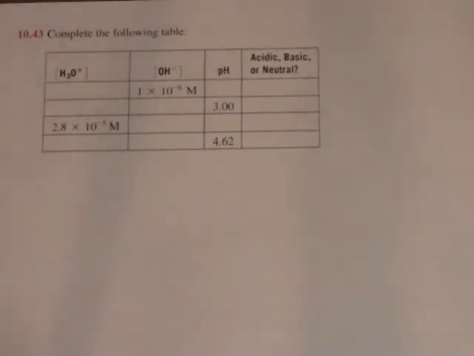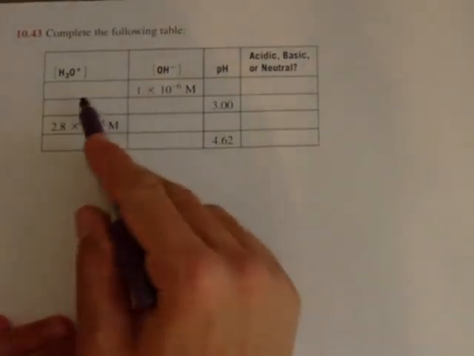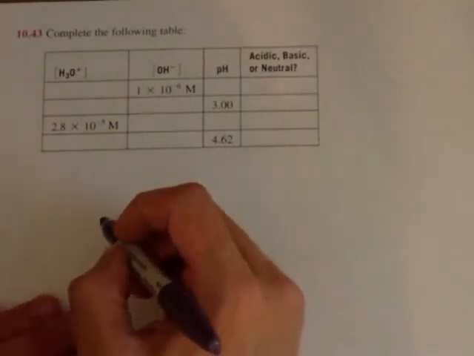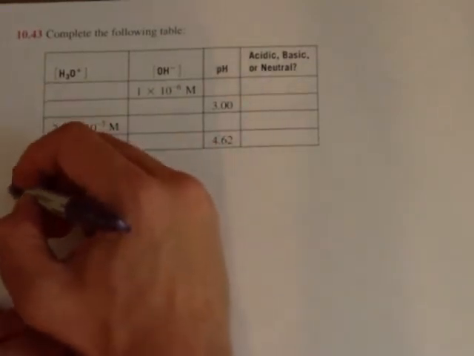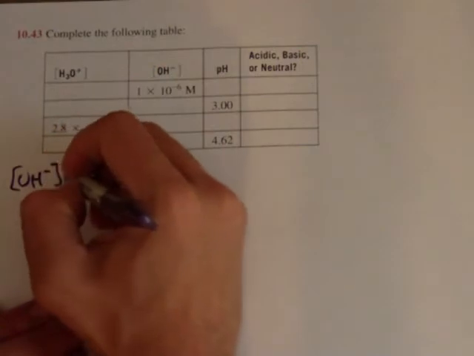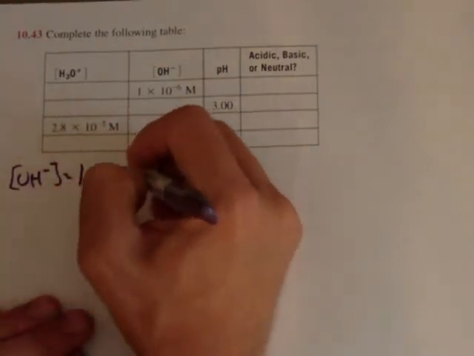So the next one is a table that's similar to one of your homework questions. And so here you're given this table and you need to fill in the blanks basically. And so in the first row, we have an OH minus concentration of 1 times 10 to the minus 6.